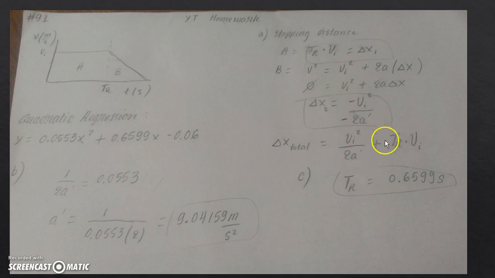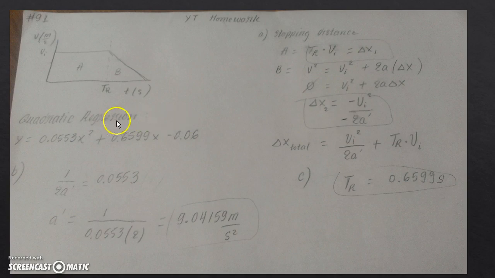I noticed that when you're looking at this, if you replace the v initial with an x, then you would get x squared over 2a prime plus the responding time multiplied by x. So that looked to me like a quadratic.